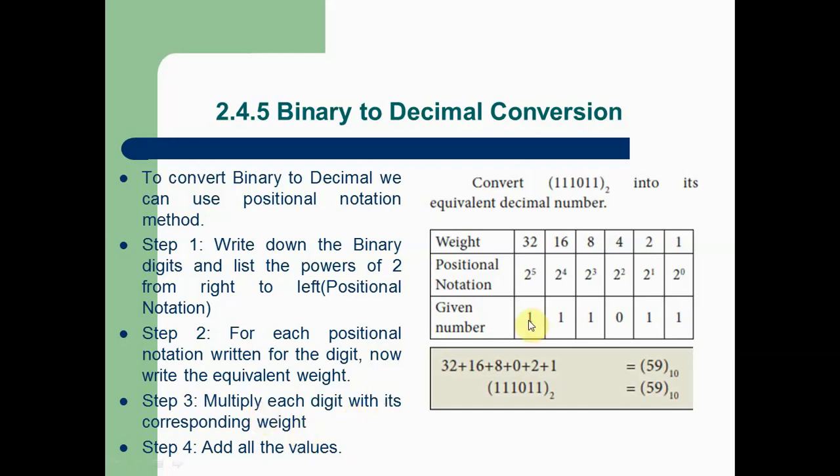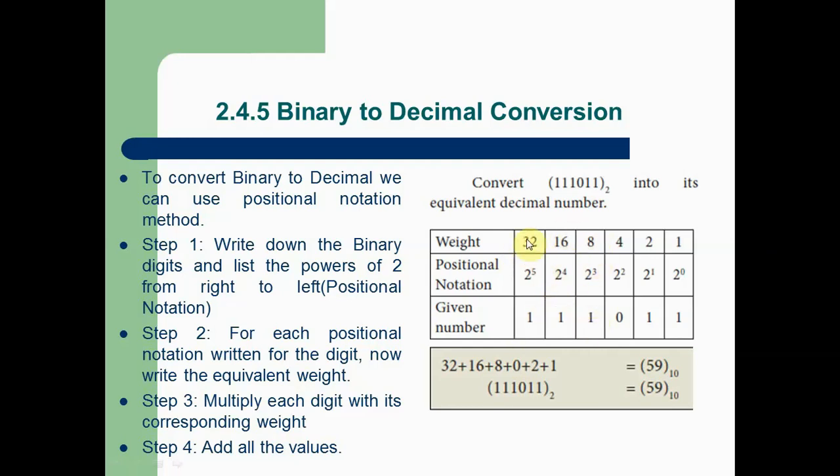Here you can see each digit of the given binary number has its own weight value. This digit has weight value 32, the next digit 16, the third digit 8.